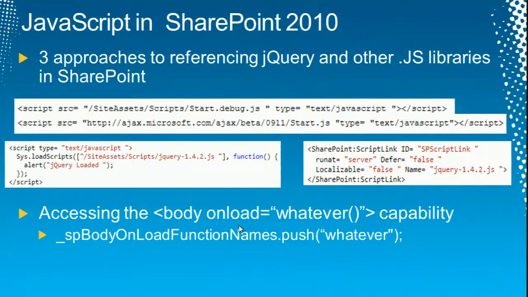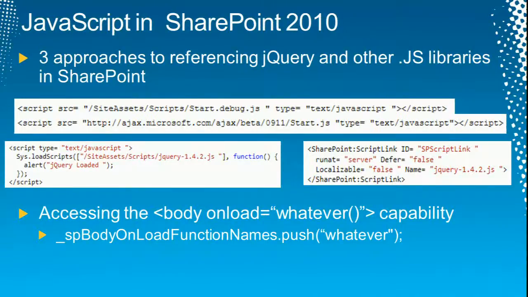Another issue that you run into with JavaScript and getting it running is that a lot of places in code have a body onload equals, so that as it loads up, well, this is really the domain of the master page, right? So getting this to actually load, there are a few different ways of doing it right through JavaScript.